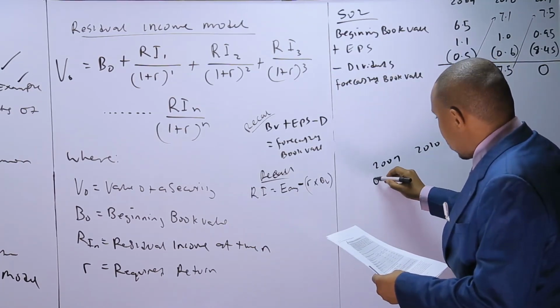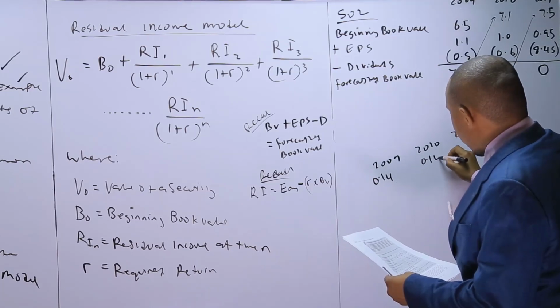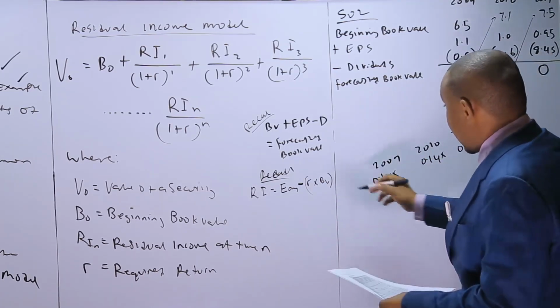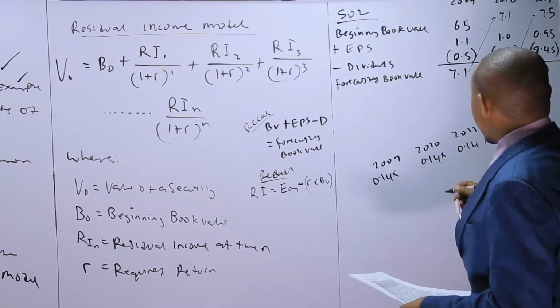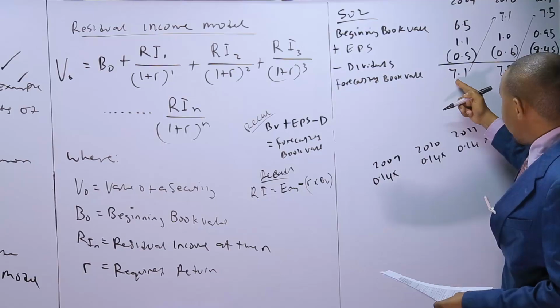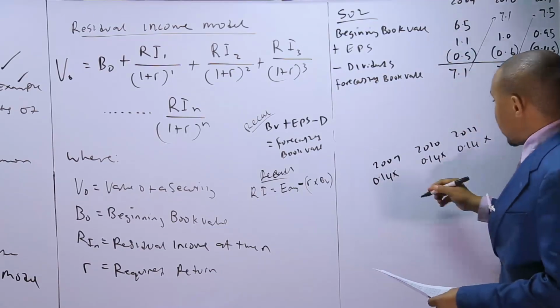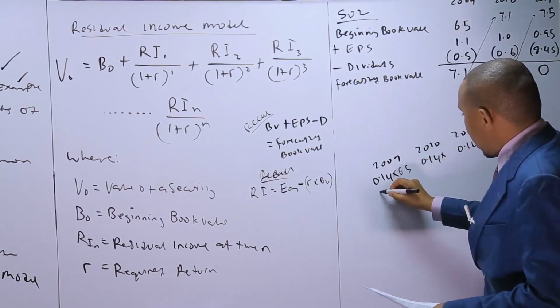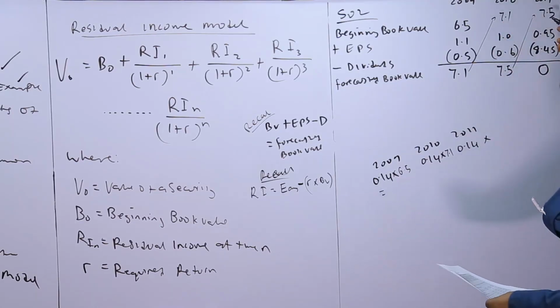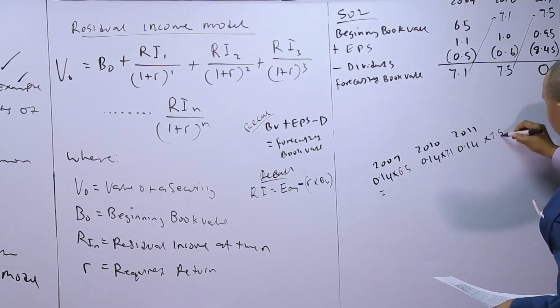So 0.14 multiplied by the beginning book value, not the forecasted book value. That is 6.5, this one times 7.1, this one times 7.5.